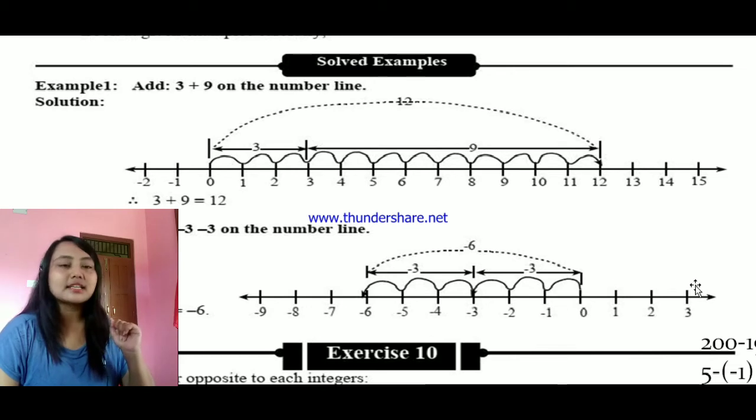But since the numbers are negative here, we have to look in the left direction, okay? Starting from 0 in the left direction, here is minus 3. So we'll be counting minus 1, minus 2, minus 3, and here we have marked minus 3.